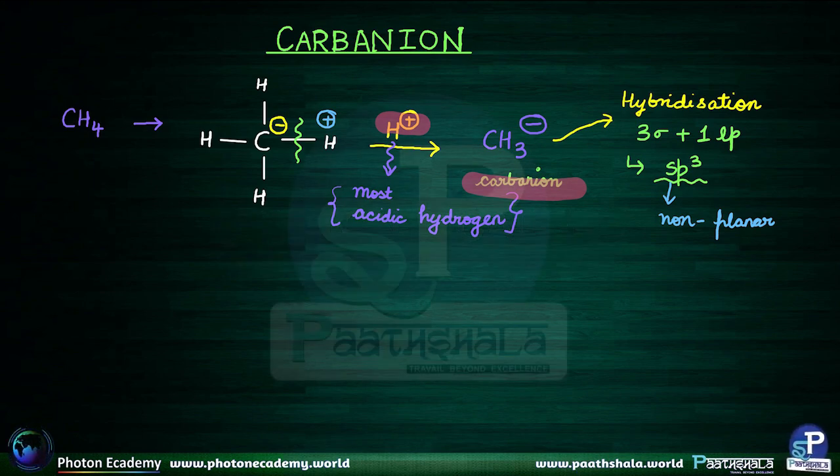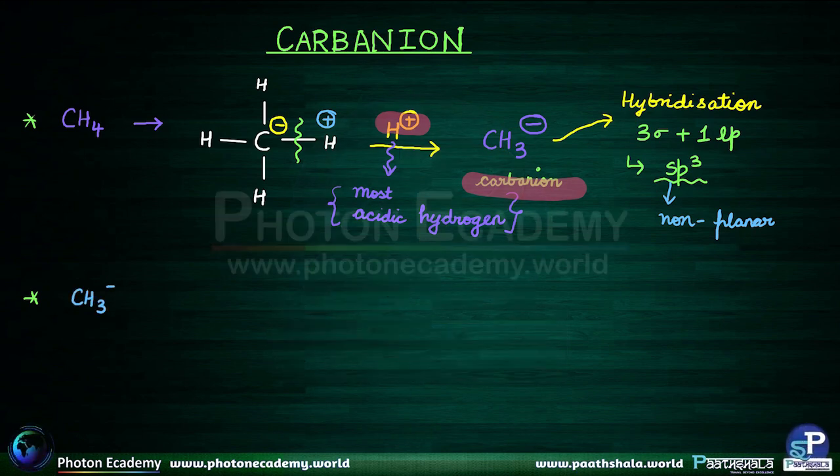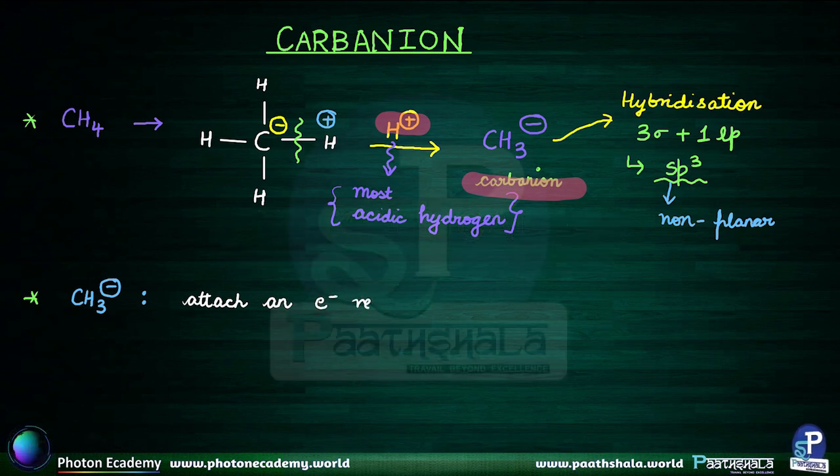Now, moving on to the next point that I wanted to discuss with you. Now, this was the first point. The second point is, if you see CH3 negative, which is the carbanion that we have been talking about, I'm going to attach an electron releasing group to it.